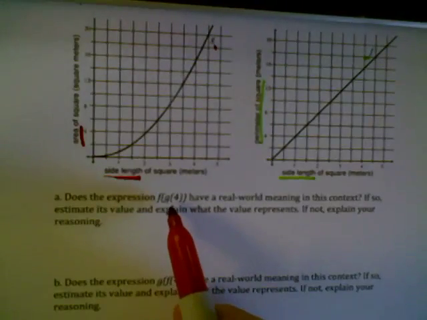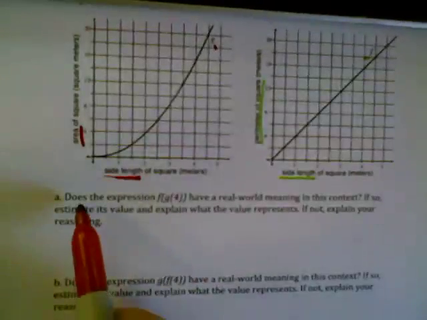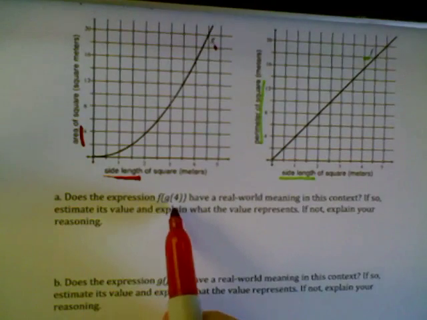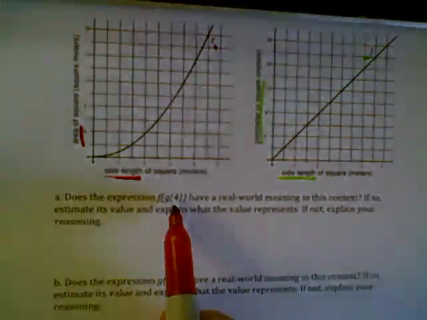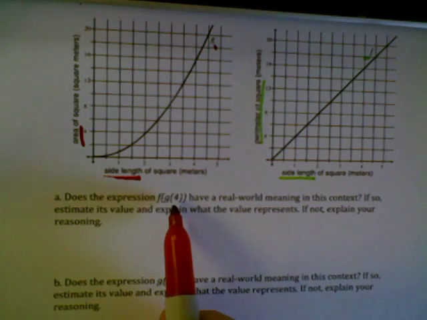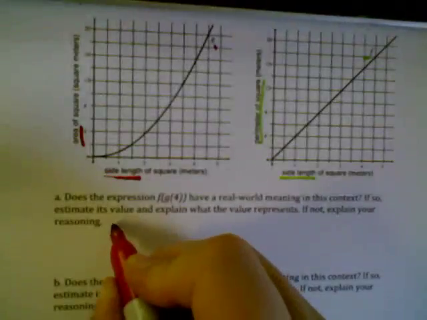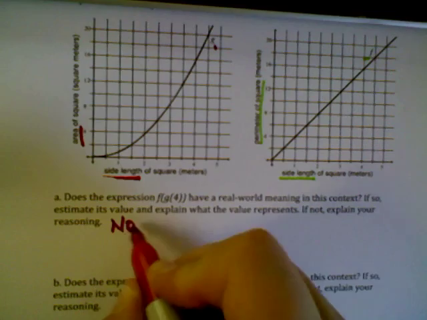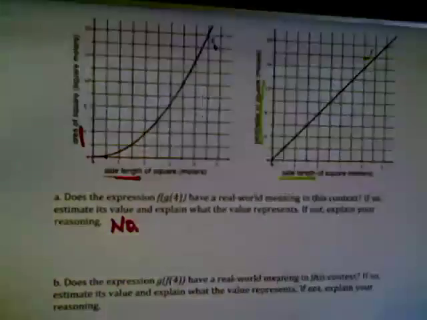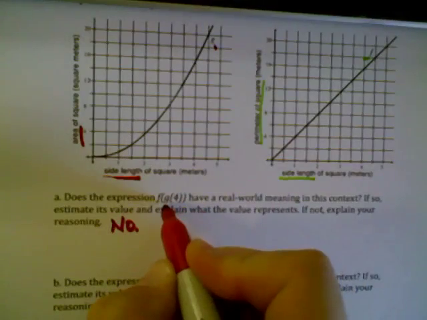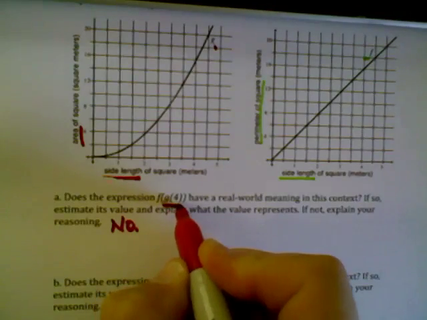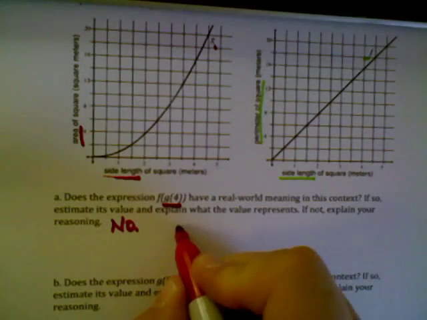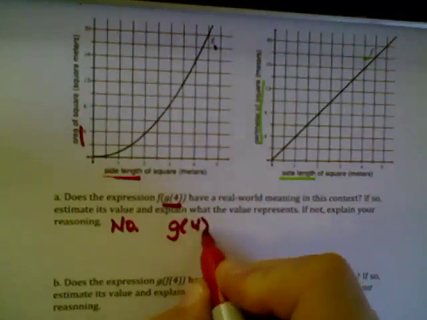Okay, so this puts composition of two functions into context, and we're asked, does the expression f applied to g of 4 have a real world meaning? Okay, we want to show that this answer would be no. We start by looking at the input for f, which is g applied to 4.